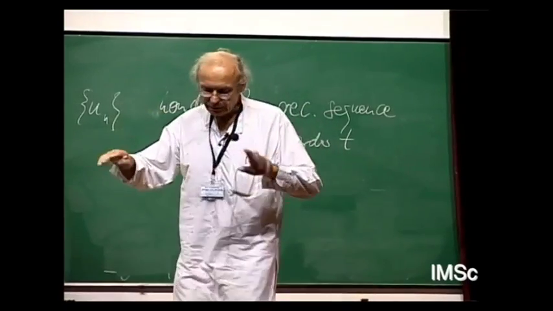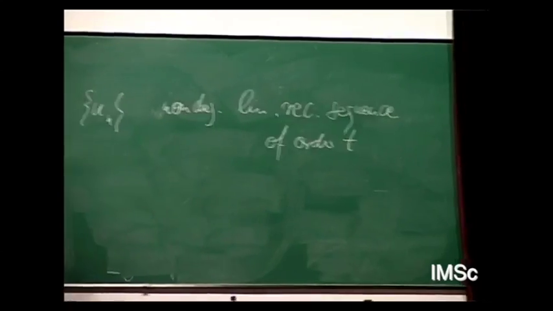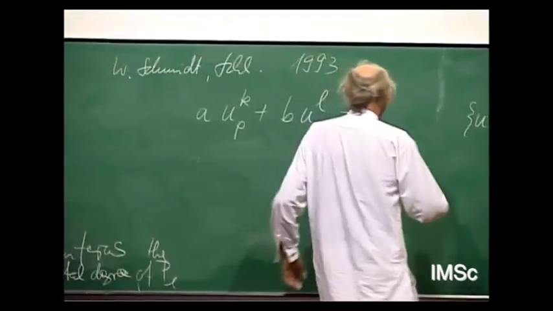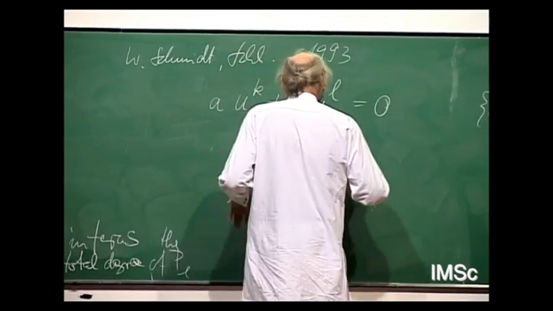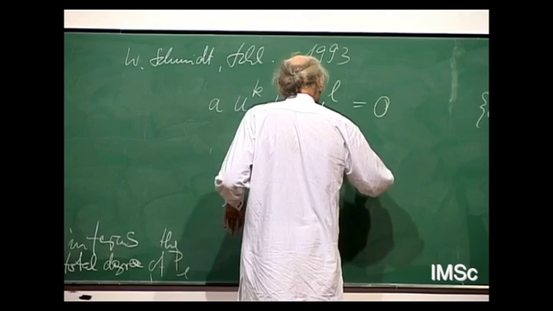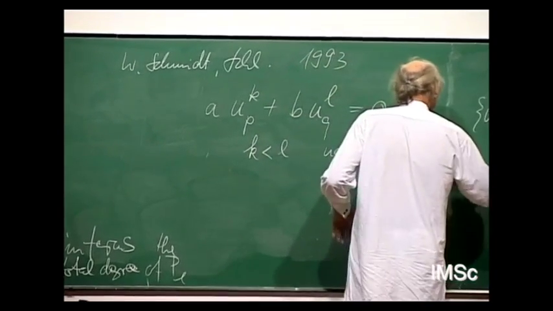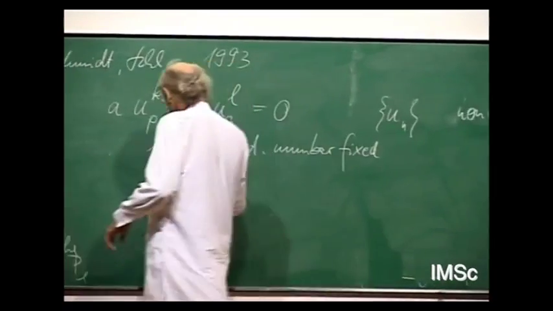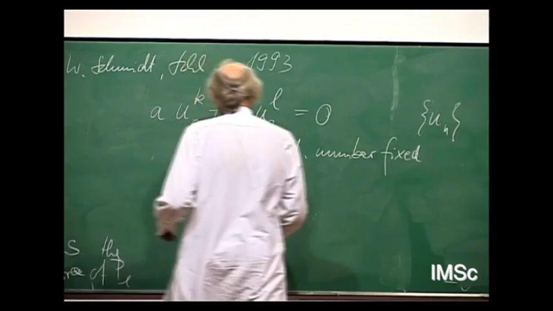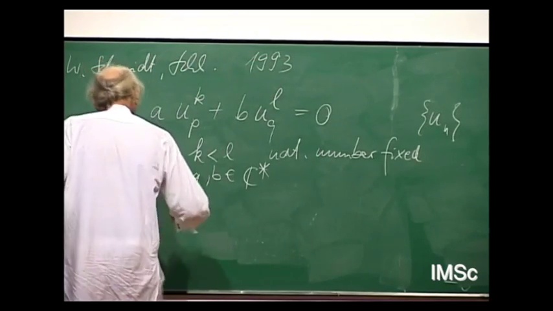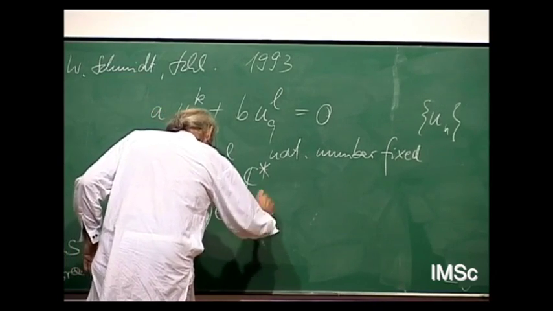So just a recurrent sequence within the complex numbers. We assume that k is less than l, and k and l are natural numbers. They are fixed. Clearly, A and B are some non-zero complex numbers, and we are asking for solutions P, Q within the integers.